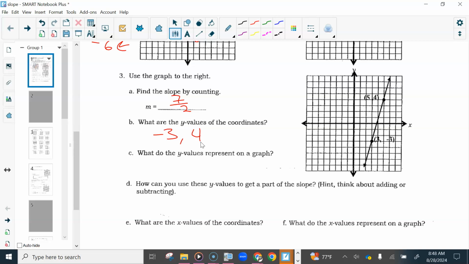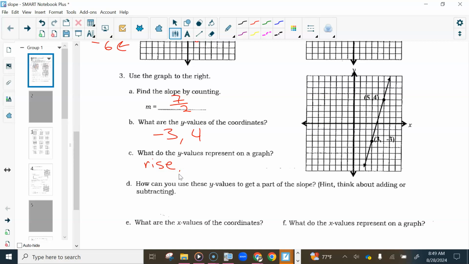And then in general, what do these y values represent with slope? How high the point is. Okay, how high the point is, or if you're looking at the top, what are the different names for slope? The rise. The rise, there we go.